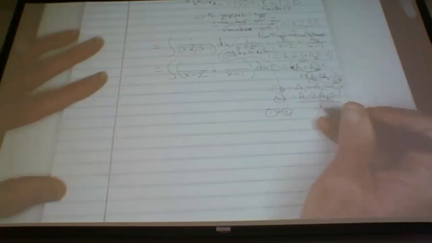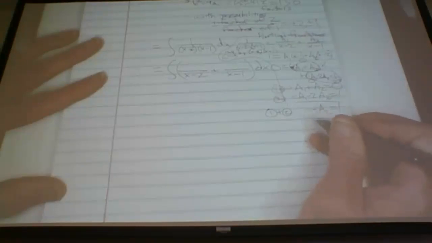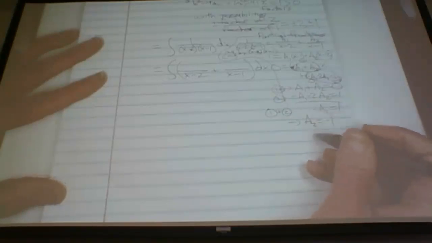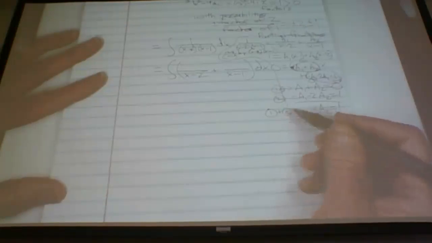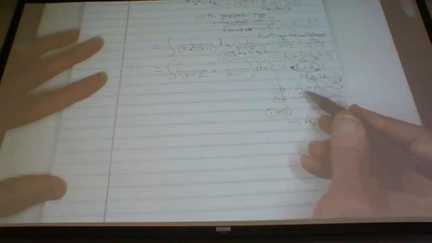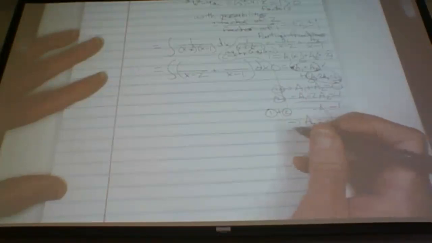a1 plus minus a1 is nothing. a2 plus minus 2a2 is minus a2. And then 0 plus 1 is 1. So evidently, I have that a2 is minus 1. If I plug that into either equation, let's put it into 1 because it's easier.